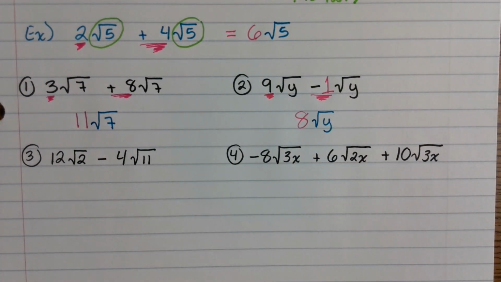What about number 3? Somebody else. Jimmy Lynn? Nope. Antonio? 8 square root of 11. Nope. Solomon? Nope. Jimmy Ho?